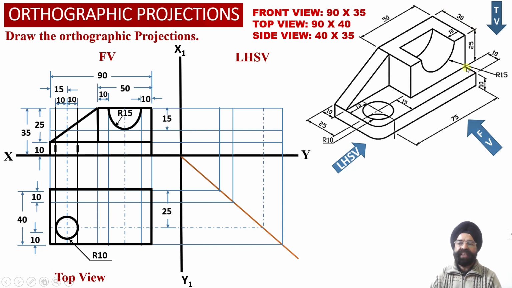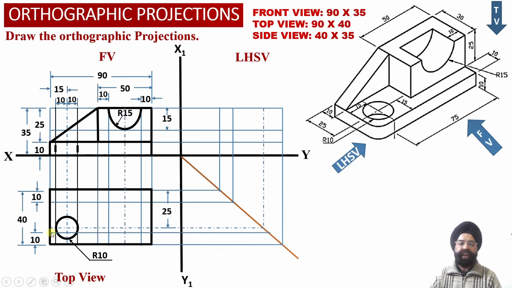So the distance of the rectangular block from the front surface of the solid will be equal to 10 millimeter. From the front surface of the solid, we have marked a distance of 10 millimeter, so that we are able to locate the front surface of the solid in the top view projections.